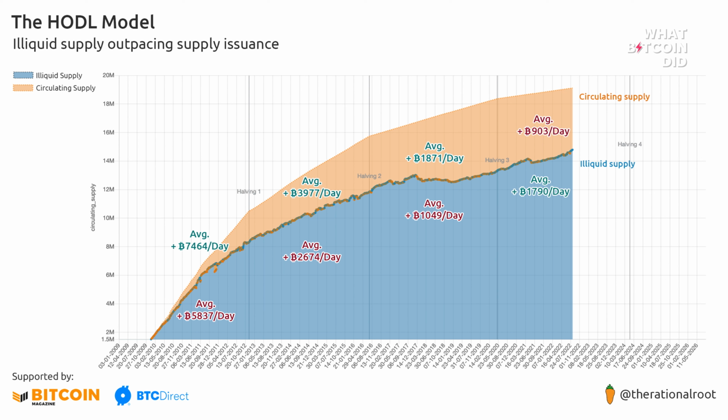In the second halving, the supply issuance was still outpacing illiquid supply growth. We had 2,000 Bitcoin a day on average in new supply entering Bitcoin, but only about 1,000 Bitcoin per day of illiquid supply growth.